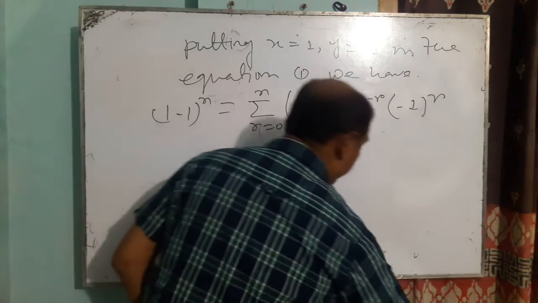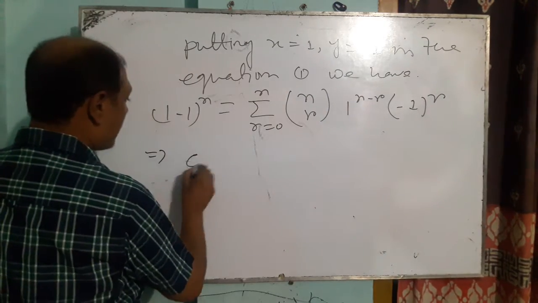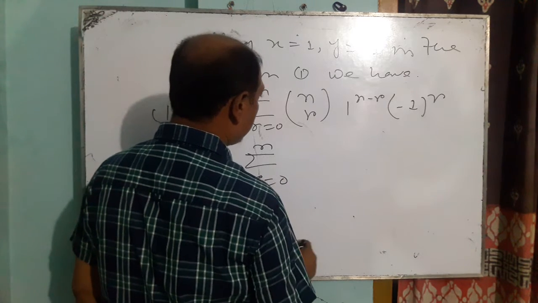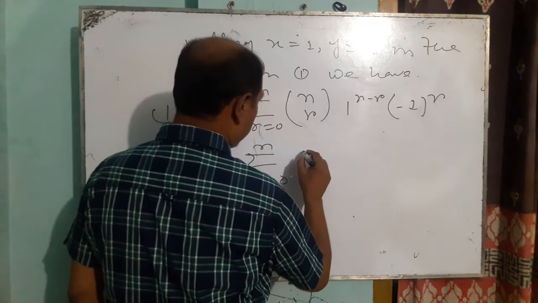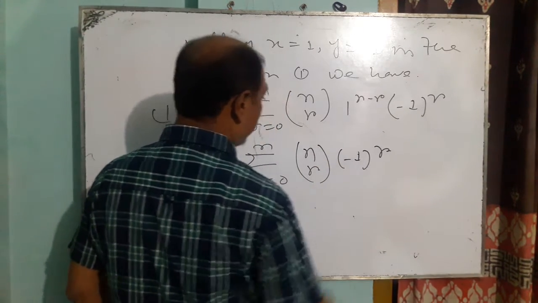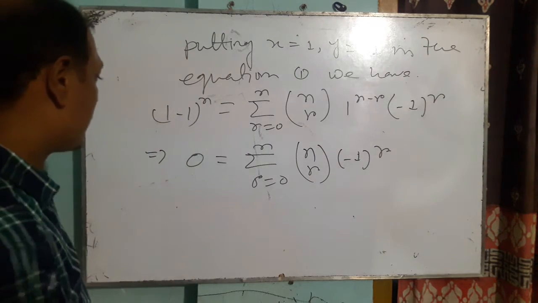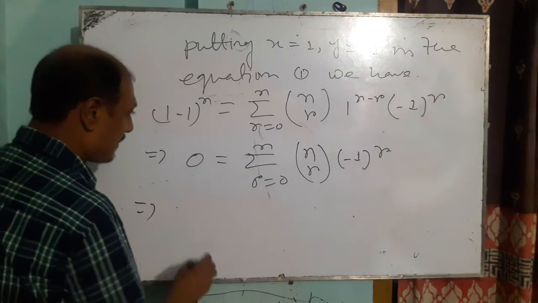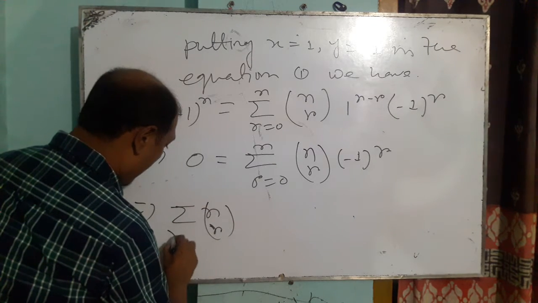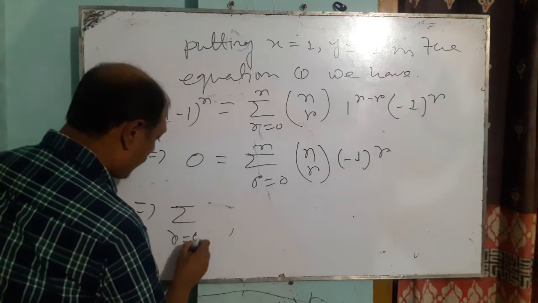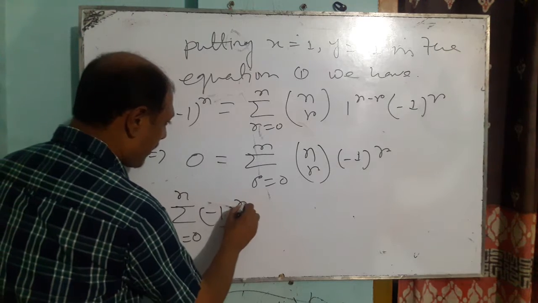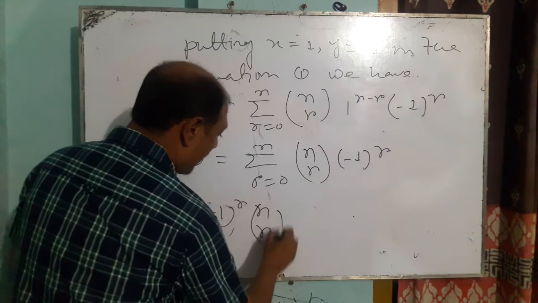That is 0 equal to summation r equal to 0 to n nCr minus 1 to the power r. That is, summation of r equal to 0 to n of minus 1 to the power r nCr equal to 0.